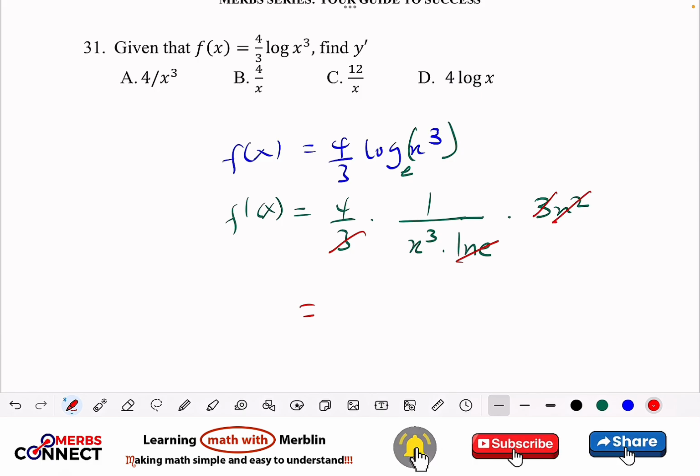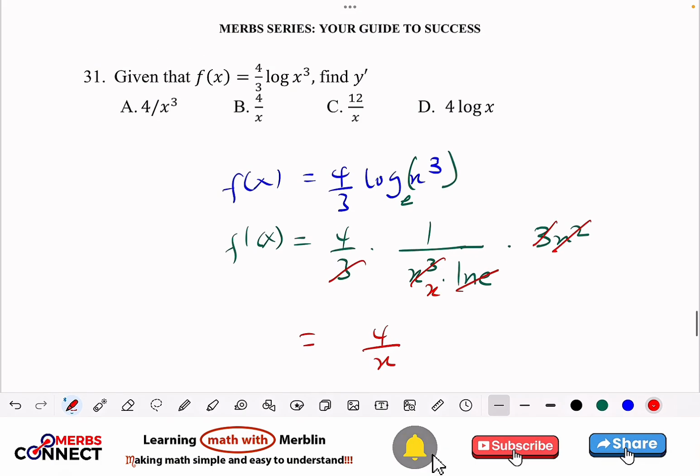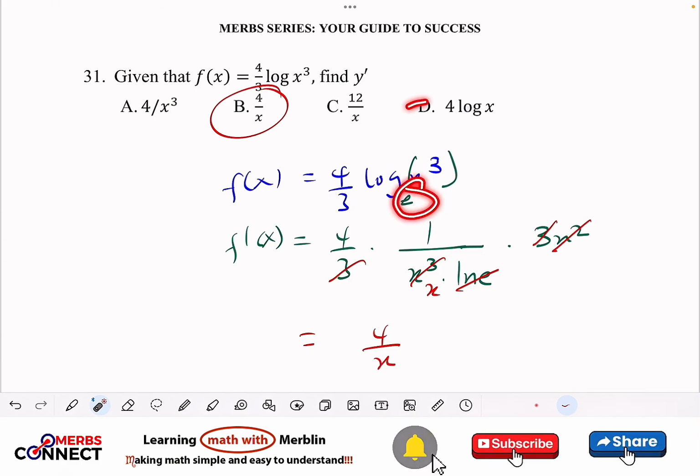This will cancel this one and be left with x. So I'm going to have 4 divided by x. So this one, we chose e because we don't have anything with log base 10 here. Good, so that's the idea. But if we saw something like log base 10, then we should have changed this one to 10 so that this one will be ln of base 10 and have this.